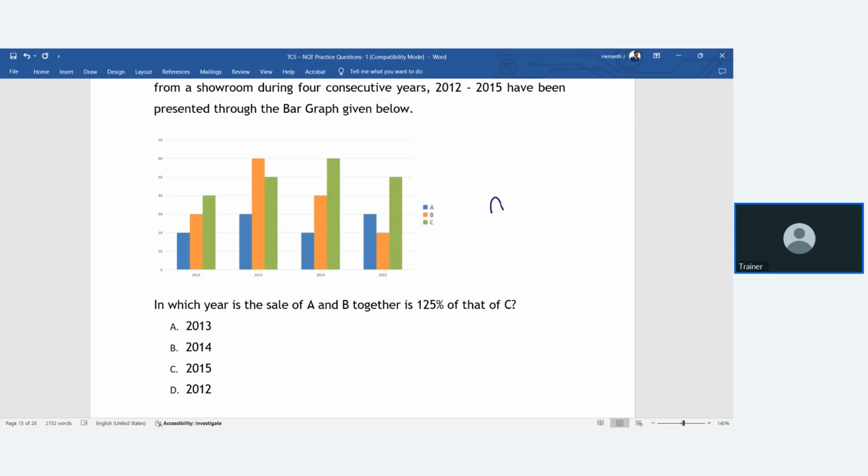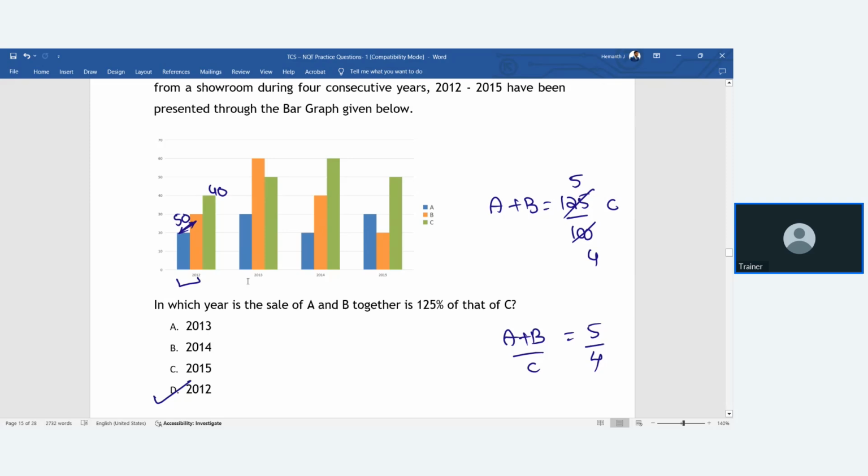A plus B is 125%, which means 125 divided by 100, which means 5 by 4. So in which year is A plus B 5 by 4 times of C? A plus B divided by C must be equal to 5 by 4. Let's say in 2012, A plus B is 50 and C is 40, yes. That's what happened here: 20 and 30, combined is 50, and this is 40, so 2012 itself is your answer. In which year A plus B is 125% of C.